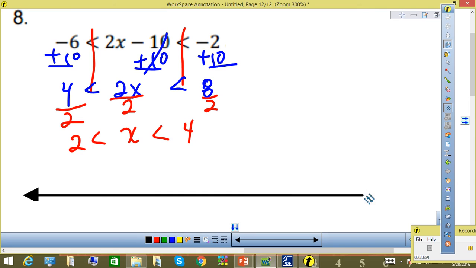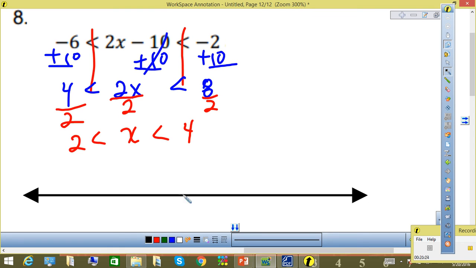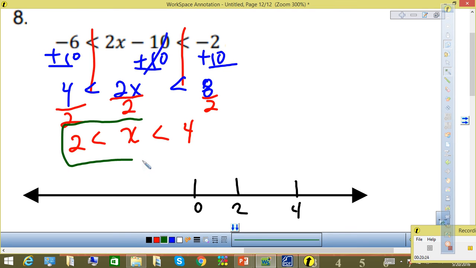Our graph. We got 0. We got 2. We got 4. I'm going to start here. 2 is less than x. So 2 is less than what number that you see right now on the number line? 4. Okay.